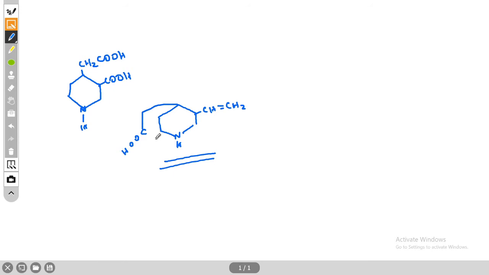So what will happen at the time of oxidation? This bond also ruptures. So the original compound may have this group attached here. I will write the structure of that compound.